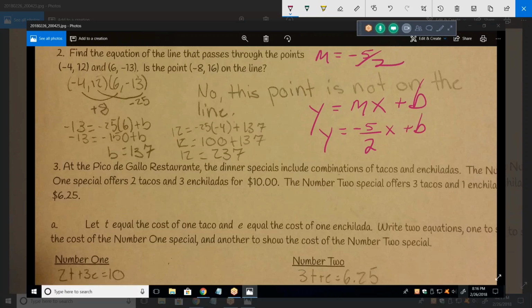Okay? Now, what I know to be true is that the line goes through either of those 2 points, right? Well, I'm going to use the smaller one just because the math is easier. And I'm going to substitute that x and y value into this equation. And what that's going to let me do is solve for b. Okay? So the y value is going to be 12. If I lose you here, stop me.